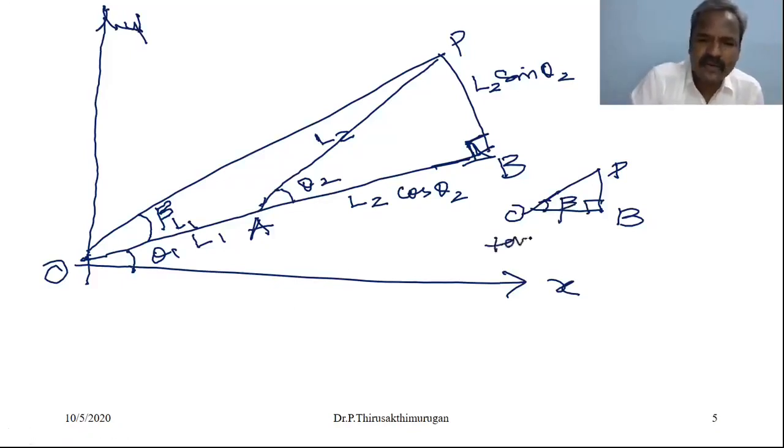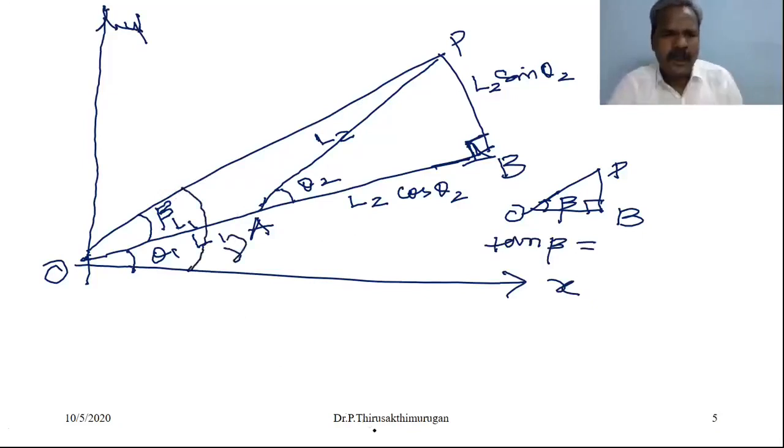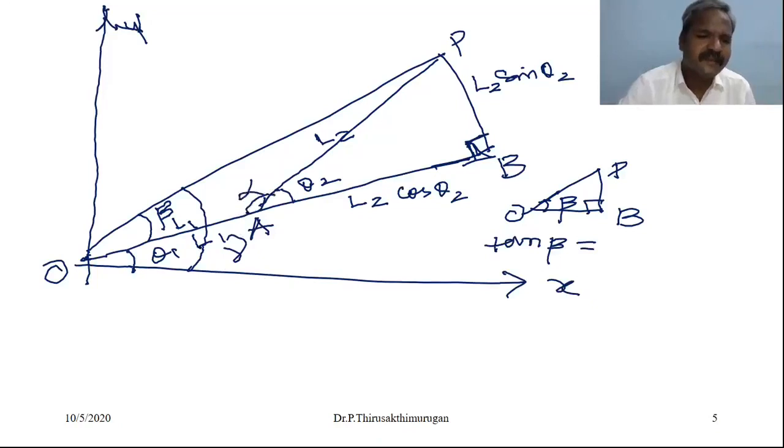I also consider the entire angle as gamma. Alpha we already discussed, this angle is alpha. The entire angle is gamma, this angle is beta. So tan beta is opposite by adjacent, PB by OB.